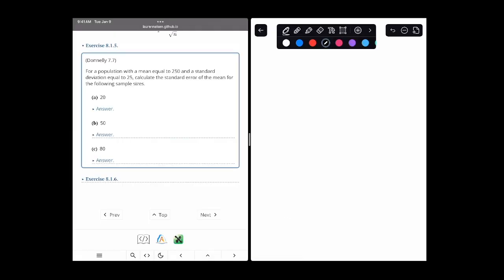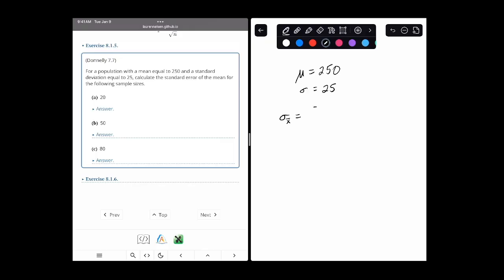And so in exercise 5 here, it says we have a population mean equal to 250 and a standard deviation of 25, and it says calculate the standard error of the mean for the following sample sizes. So the standard error of the mean means the standard deviation of the sample mean distribution.